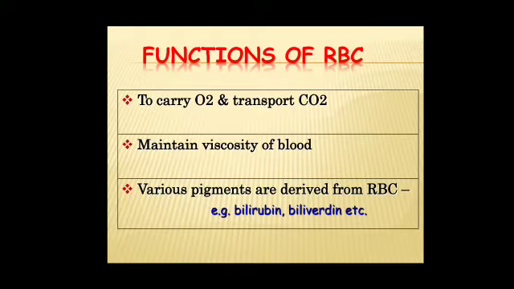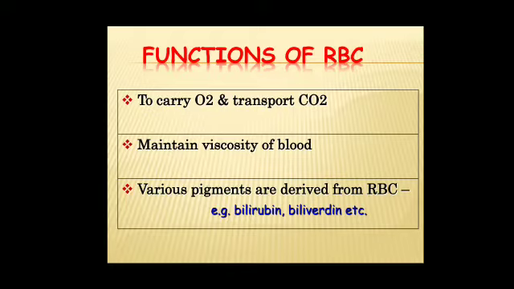Now we will see the function of hemoglobin. As RBC contains hemoglobin, this hemoglobin also carries oxygen as well as transports carbon dioxide, and the various pigments of bile and stool are also formed from this hemoglobin.